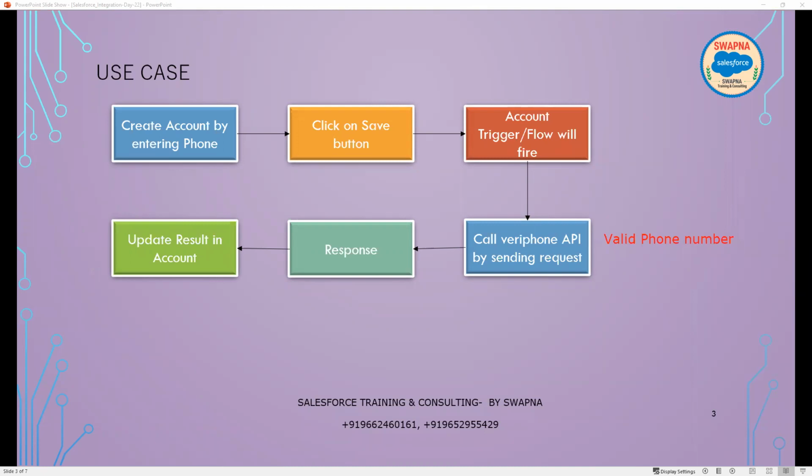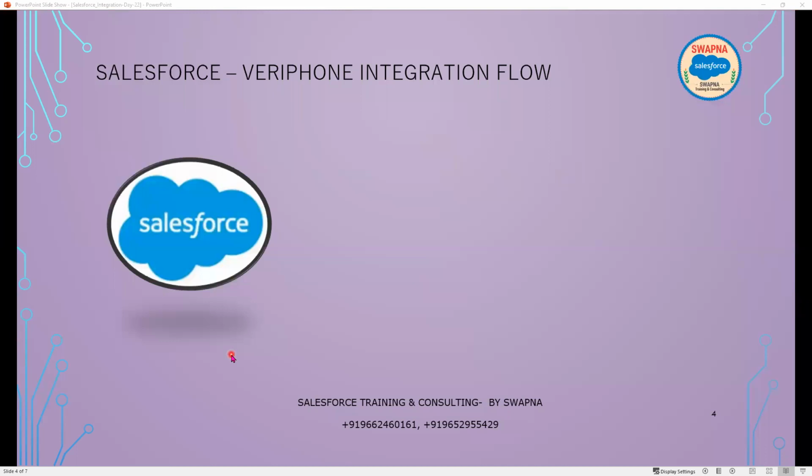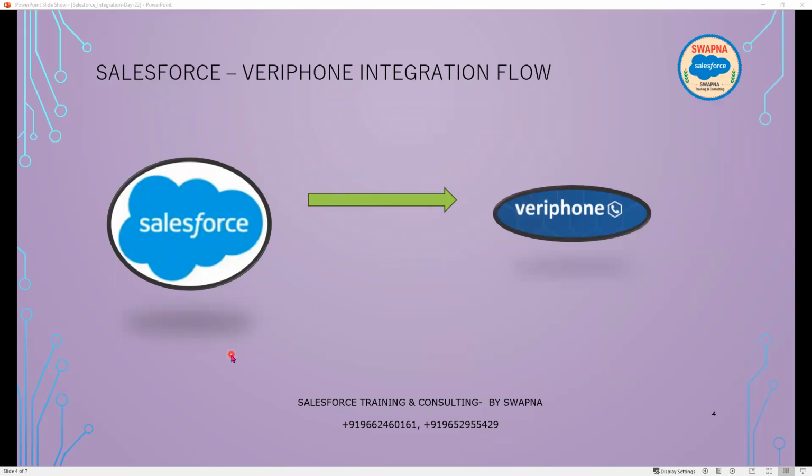Now that means from Salesforce, I'm going to send a request to the veriPhone third-party system, and veriPhone is going to verify whether the data is correct or not. Based on that, it is going to send us the response. So here it is the request.